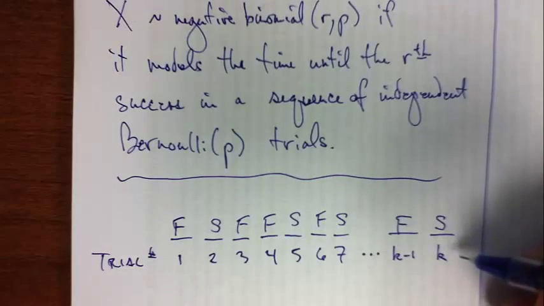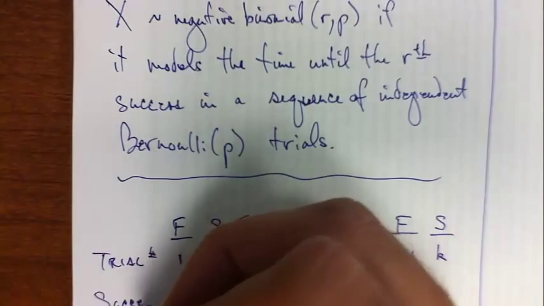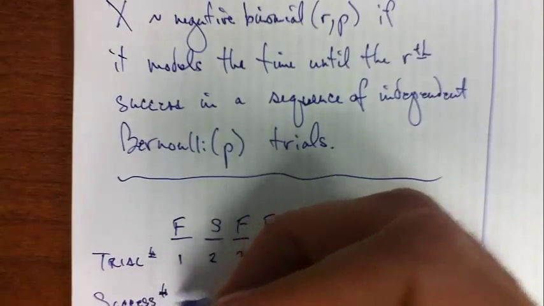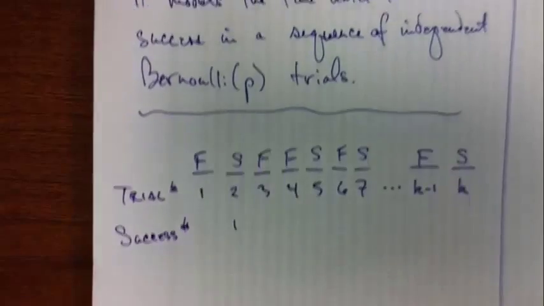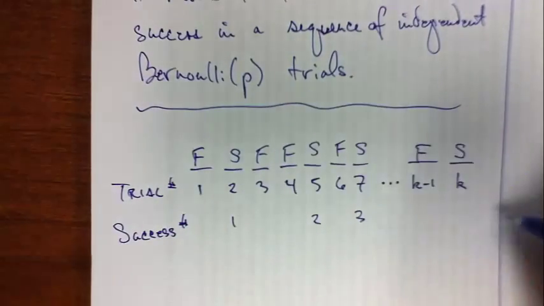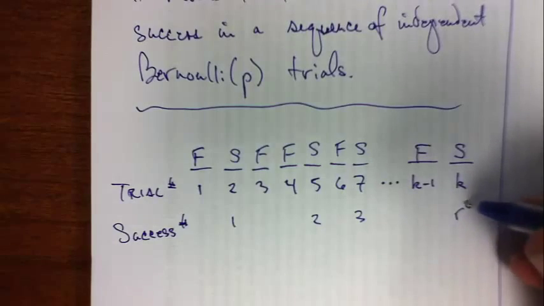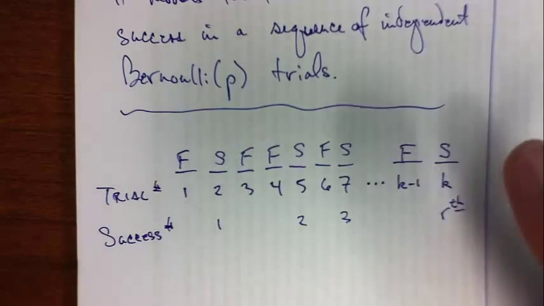Maybe down here I'll put the success numbers. Here's the time of my first success. Here's the time of my second success, third success, and then rth success perhaps occurs here on the kth trial.